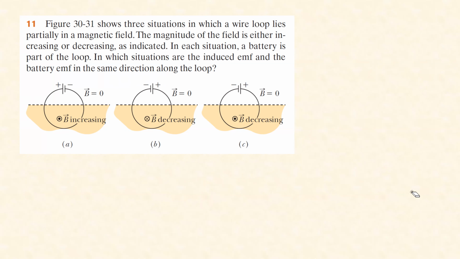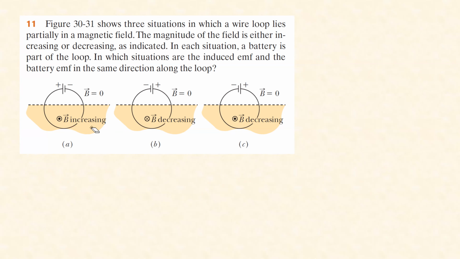The magnitude of the field is either increasing or decreasing as indicated. In each situation, a battery is part of the loop. In which situation are the induced EMF and the battery EMF in the same direction along the loop?